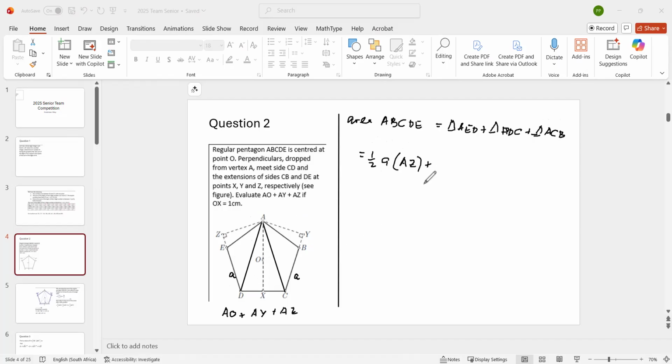The middle triangle is half base, which is AY. Base is A, but times the height, which is AX. Now, why is the height of this AX?